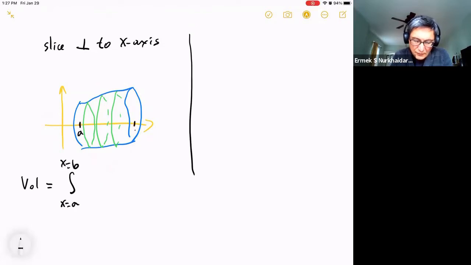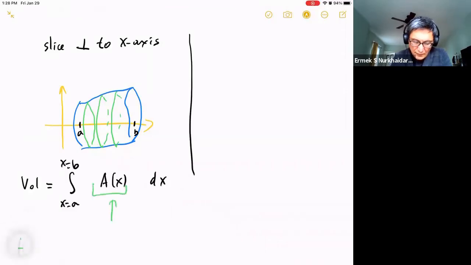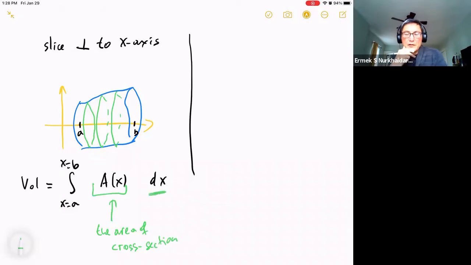That's where we start slicing, and that's where we finish slicing. dx, A of x, where A of x is the area of cross section. dx because we're slicing along the x-axis, and we're going to see those like delta x here. And dx insists that everything should be in terms of x.